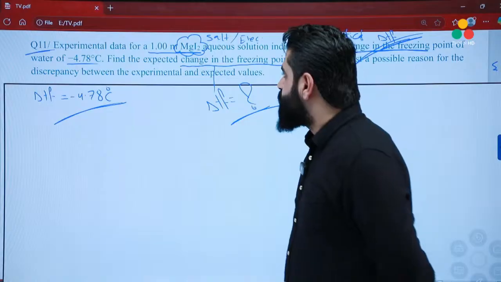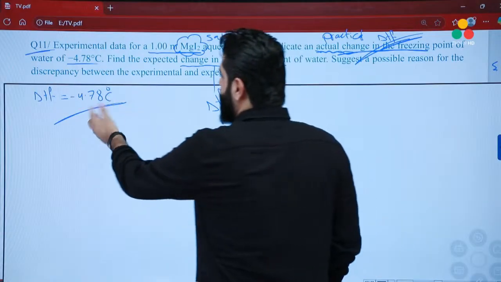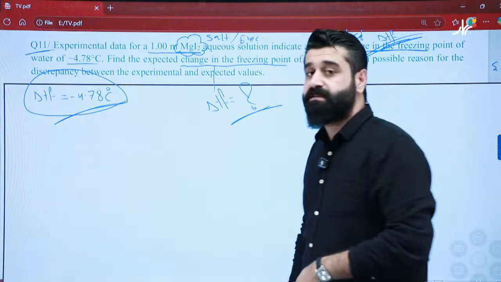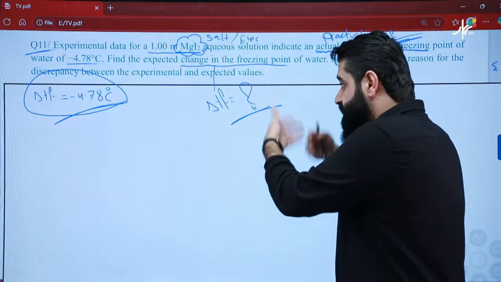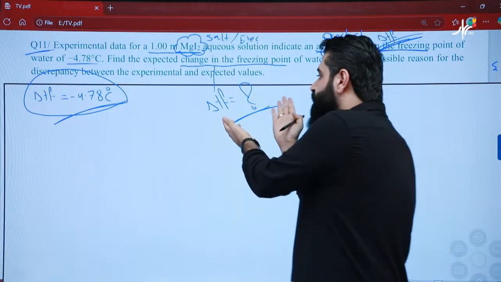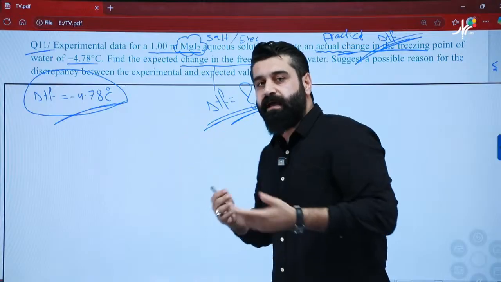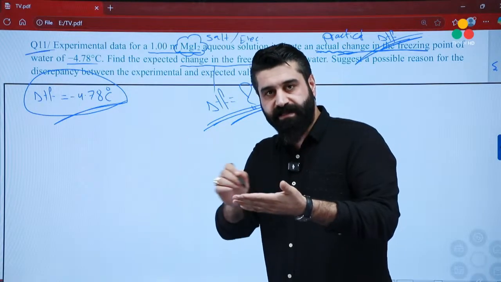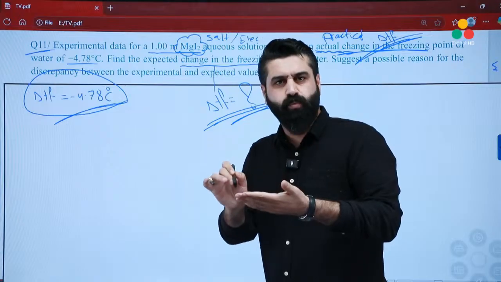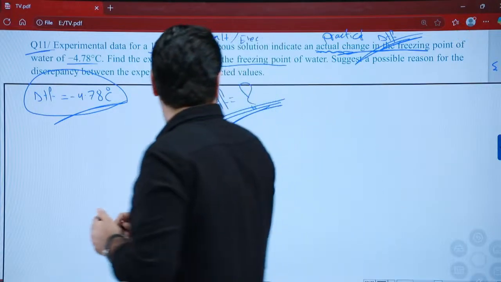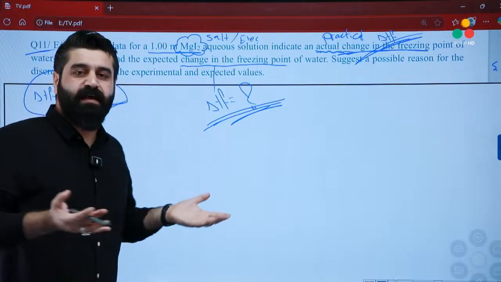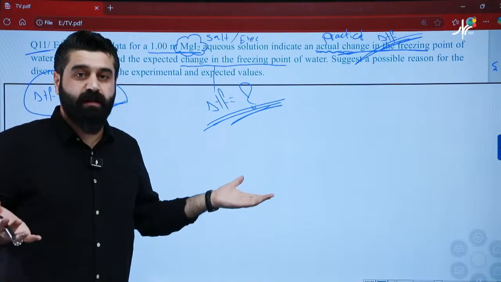So practically, delta TF is negative 4.78 Celsius degree. Please calculate the same delta TF, but this time without any experimentation: the calculated, theoretical, expected one. And then give the reason if both are the same values or different values.